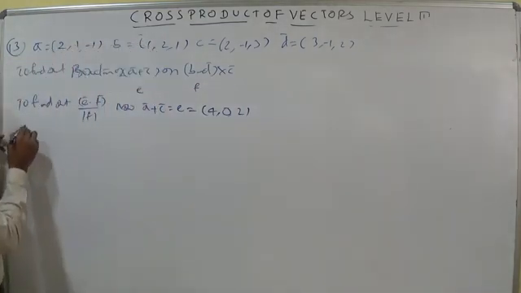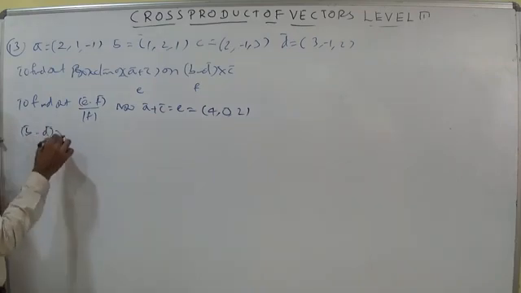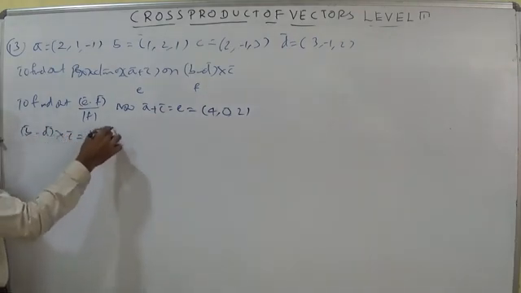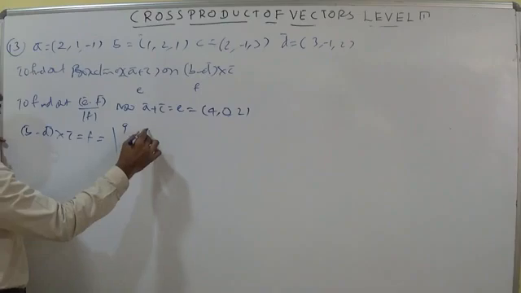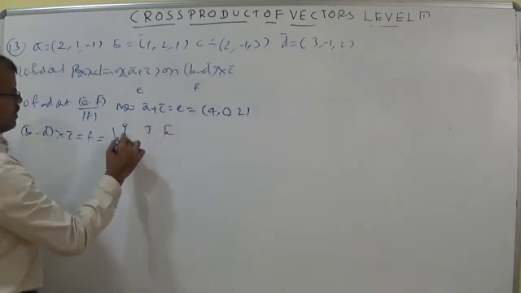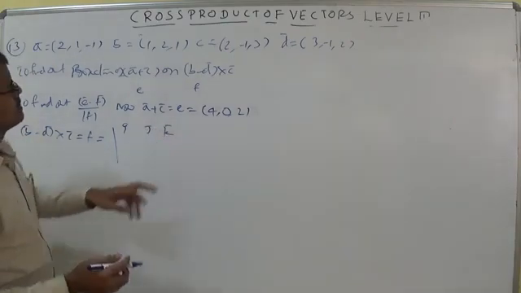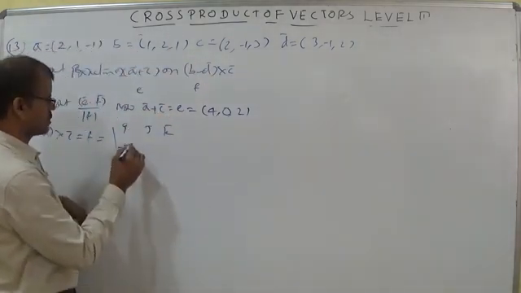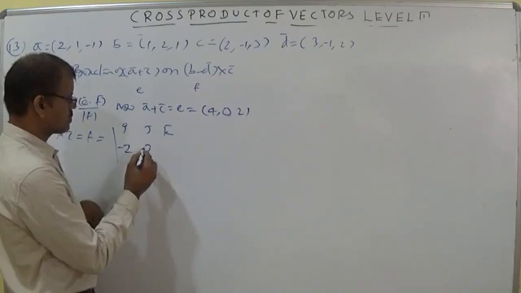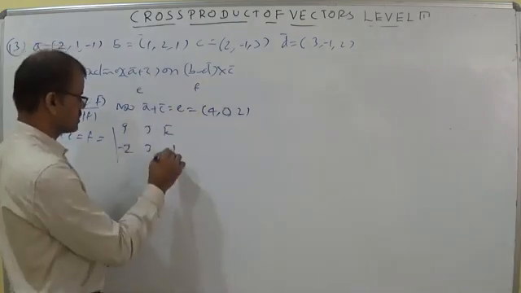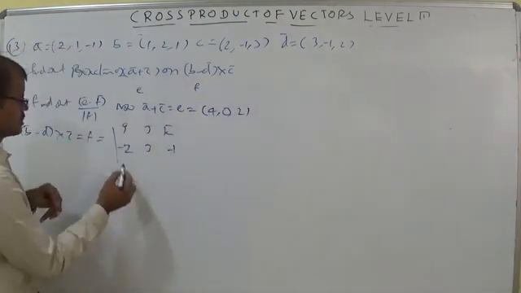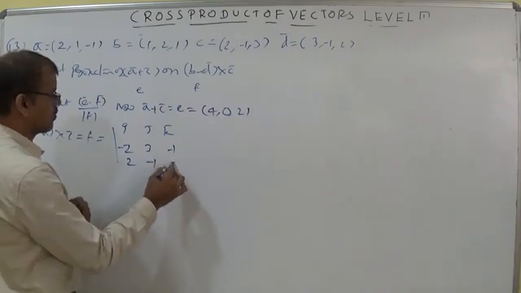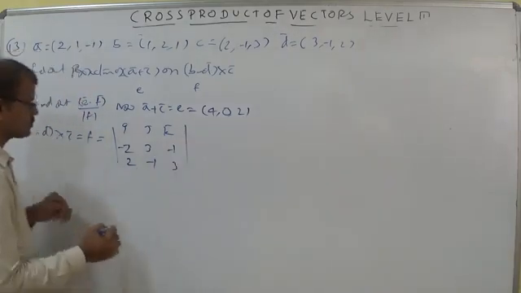Next, B minus D cross C. We put the name as F. Let us write IJK, then B minus D: 1 minus 3 becomes minus 2, 2 plus 1 becomes 3, 1 minus 2 is minus 1. And C is 2 comma minus 1 comma 3.